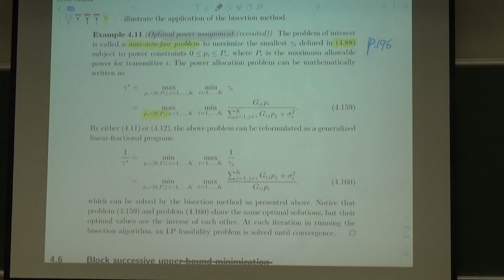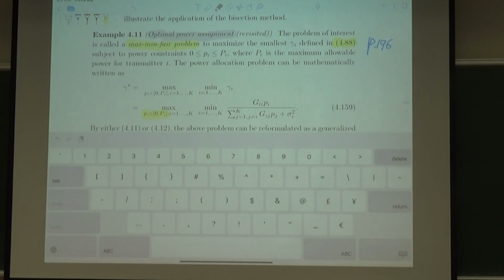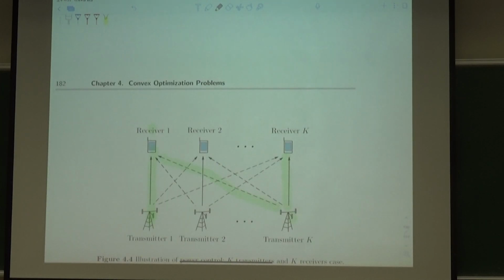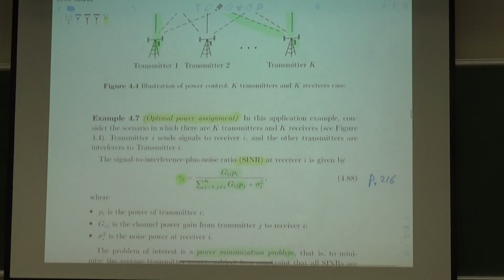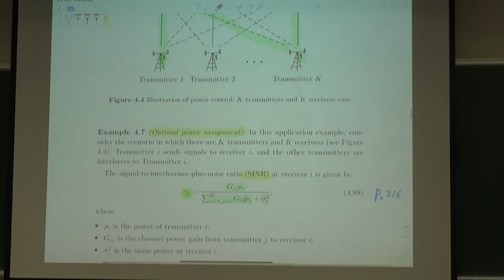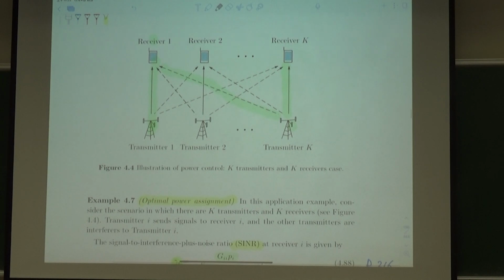We need to go to page 196. If you remember, this is a scenario: each transmitter wants to transmit a signal to its associated user. Then you're going to have a large interference.